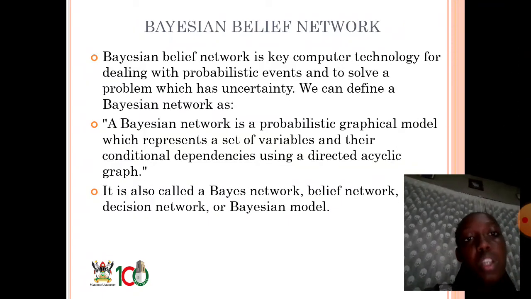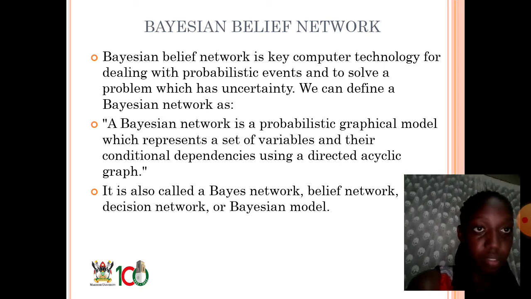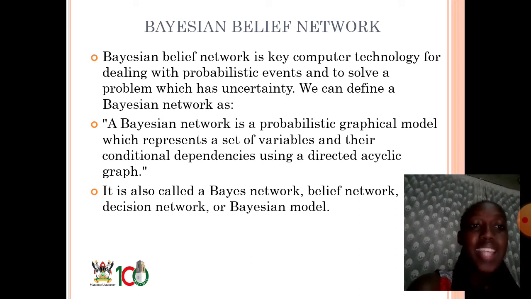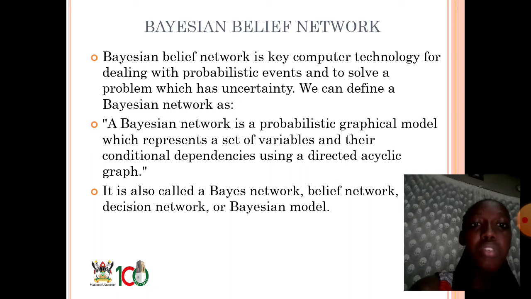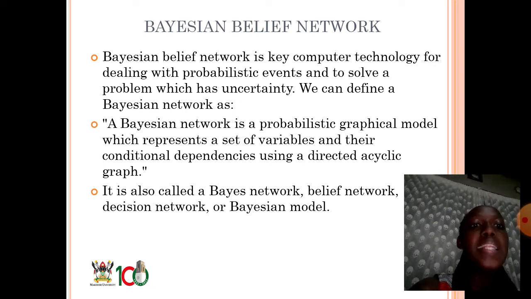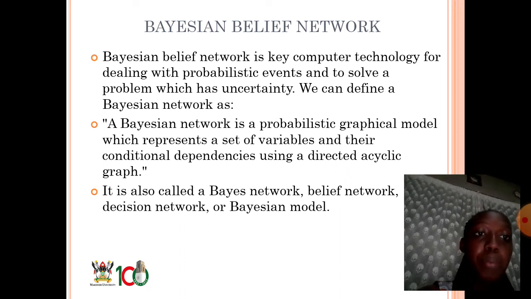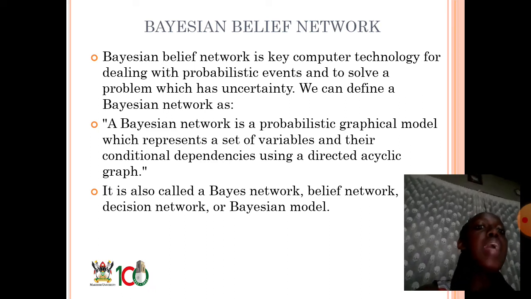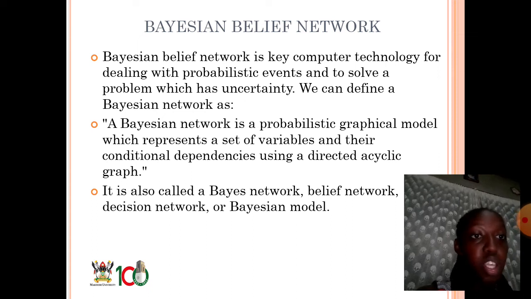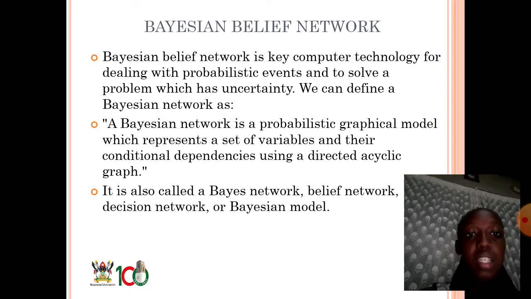Another term I'm going to talk about is the Bayesian belief network. This is a key computer technology for dealing with probabilistic events and to solve a problem which is uncertainty. We can define the Bayesian network as a probabilistic graphical model which represents a set of variables and their conditional dependencies using a directed acyclic graph.